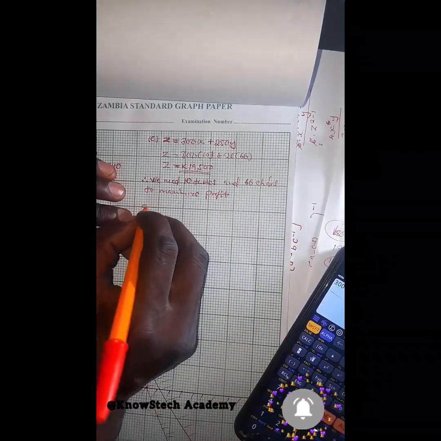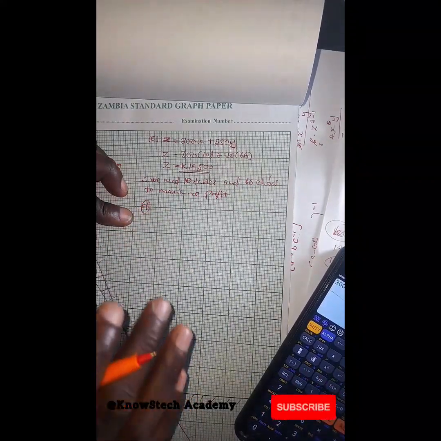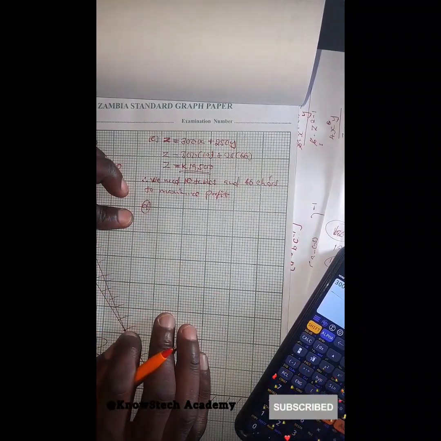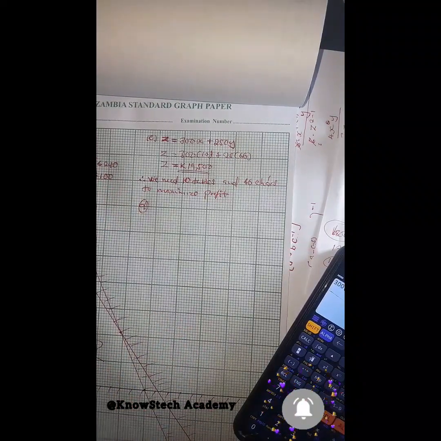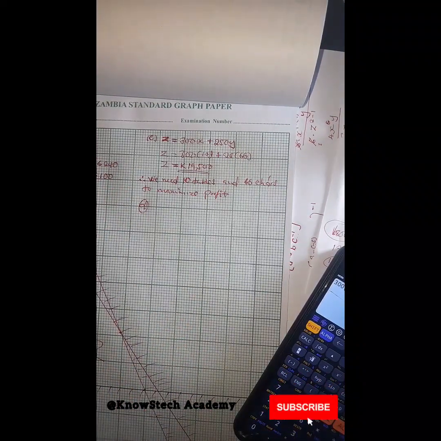Now D: calculate the estimate of the maximum profit. To find the estimate of the maximum profit is very simple. We've already found that one.